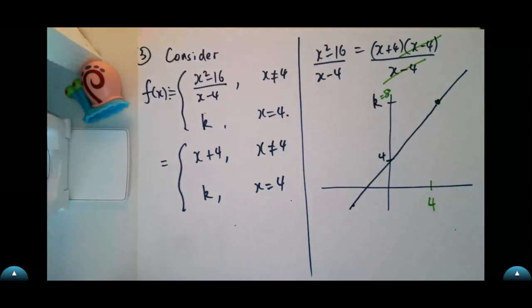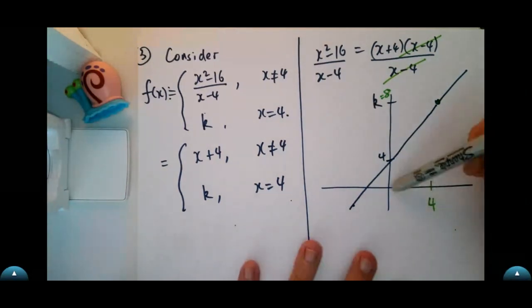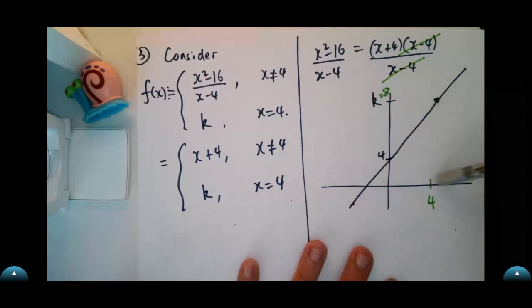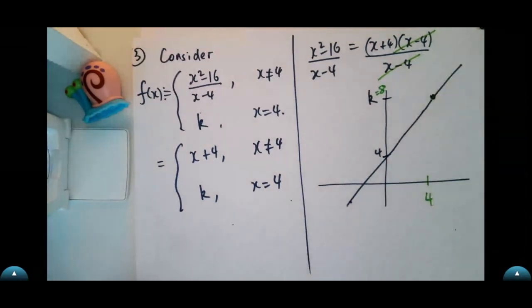And you can verify that by saying, well, the limit as you approach 4 from the left is going to equal the limit from the right, and they're both going to be 8, and the value of the function has to be 8, which is what Ha is saying in the chat, which is perfect.